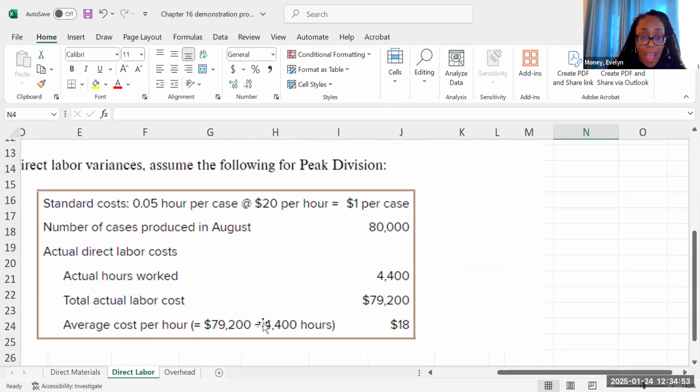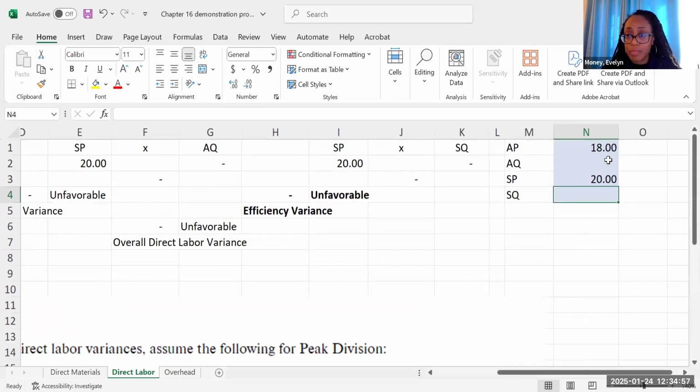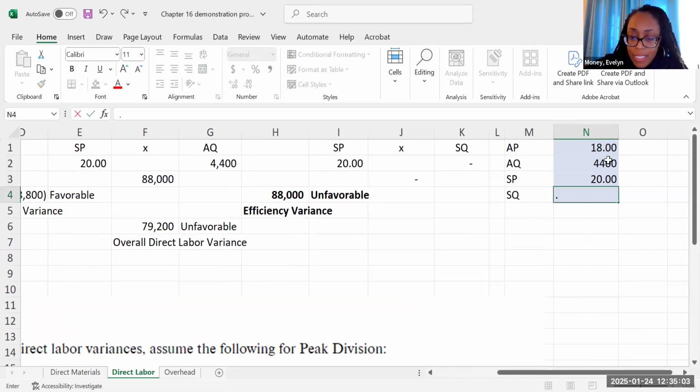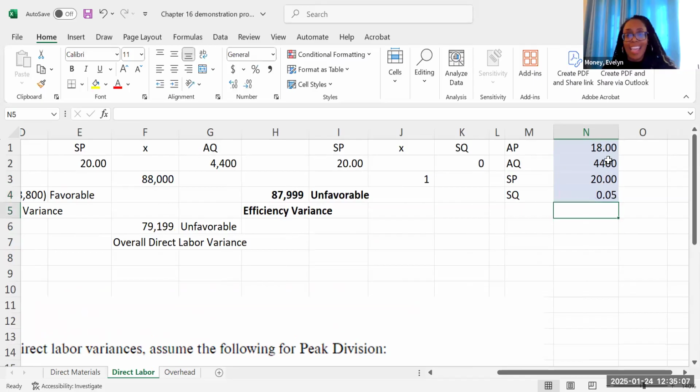My actual hours worked was 4,400. And then for standard quantity, I'm not going to use it in minutes. I'm going to use it as they gave it to me, 0.05. And it's time for my common sense check because 0.05 does not compare to 4,400 hours.